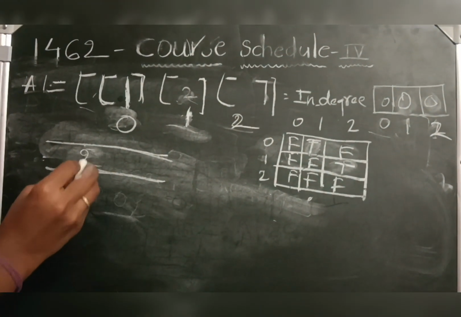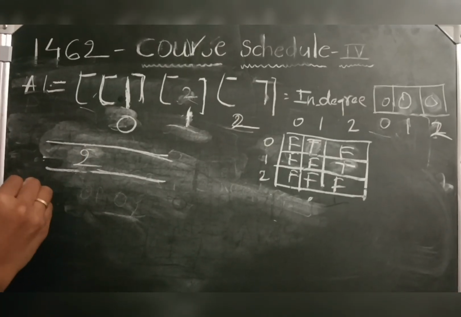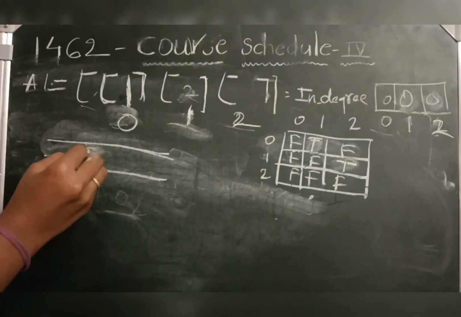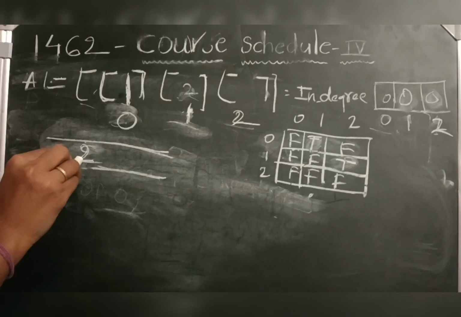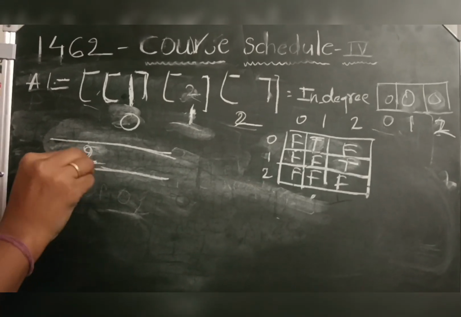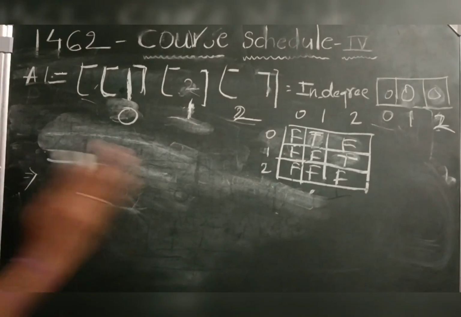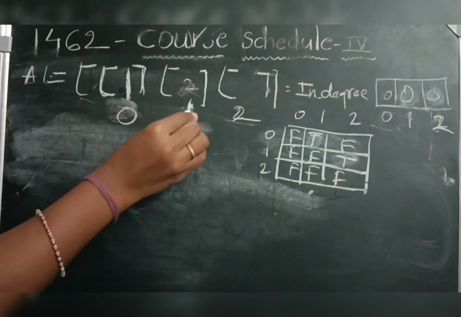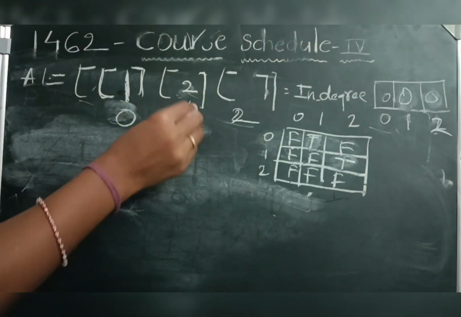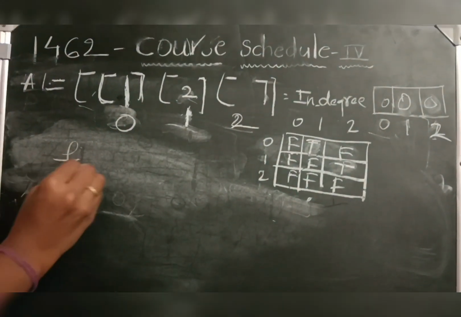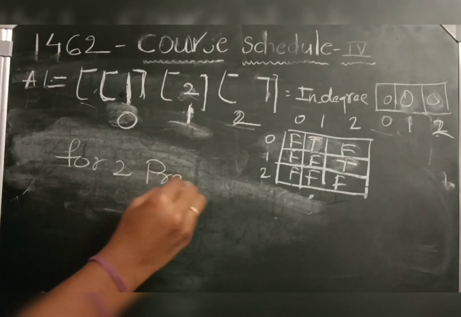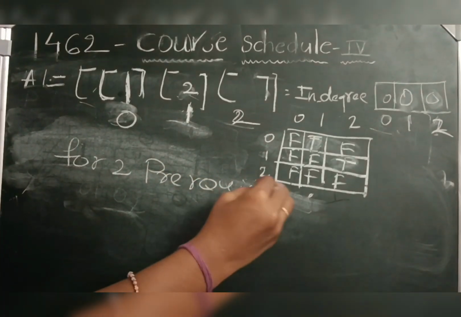After that we have to process this. Here our discussion came into process. What you discussed is that the parent element here is, for 2, the prerequisite is 1. For 2, the prerequisite is 1.